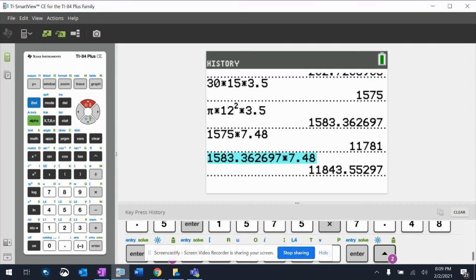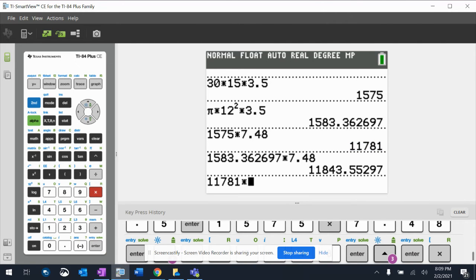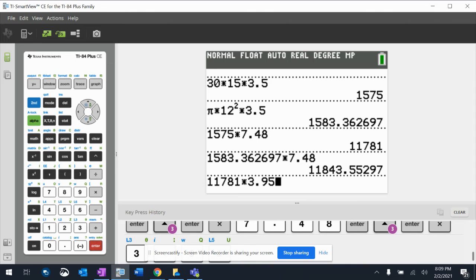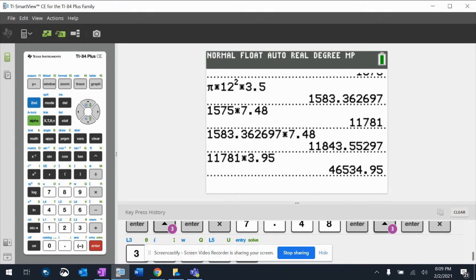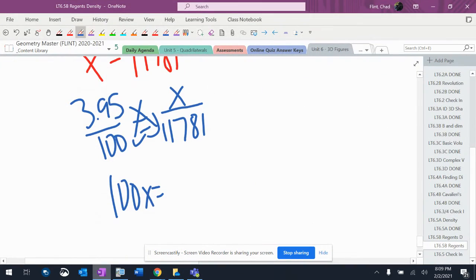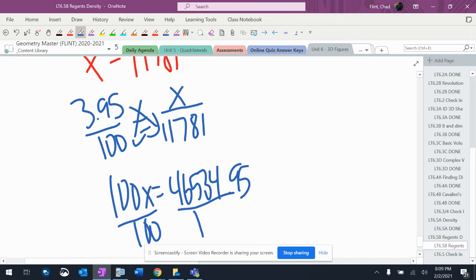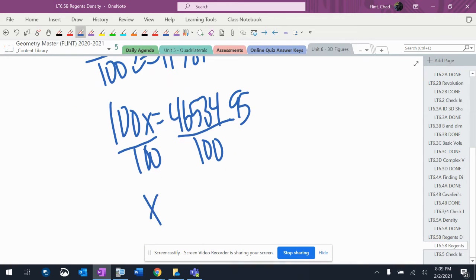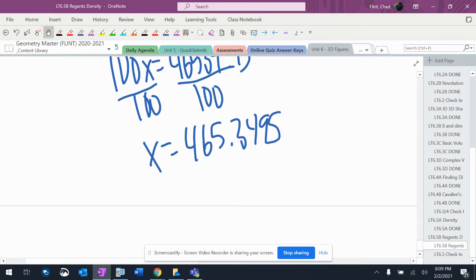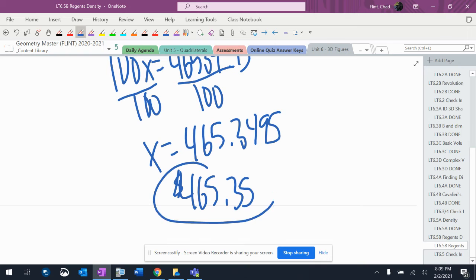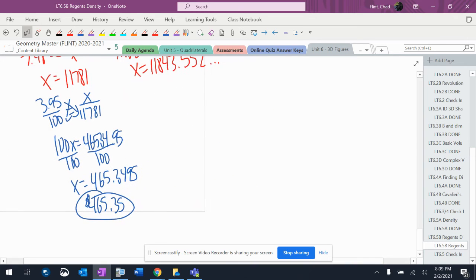So 11,781 times 395, and I get 46534.95, and I'm going to divide that by 100. And when I do that, I'm going to get x equals 465.3495. This is money now, so it's 465.35.